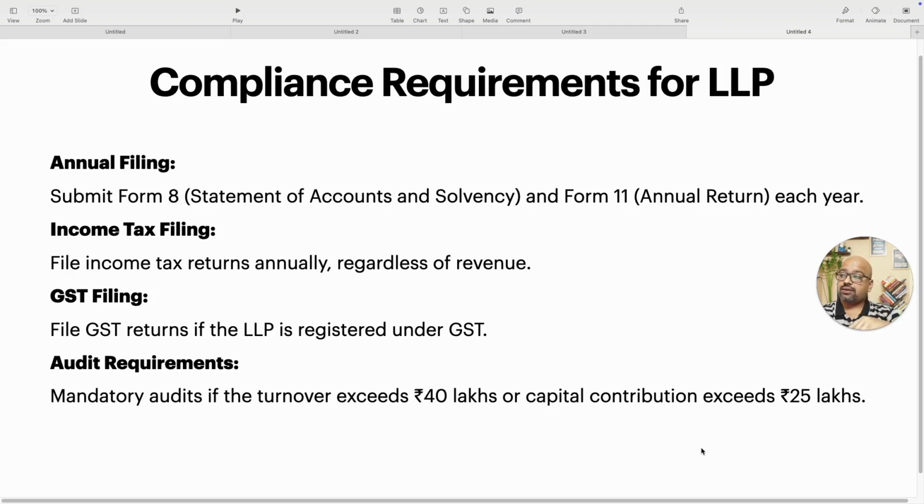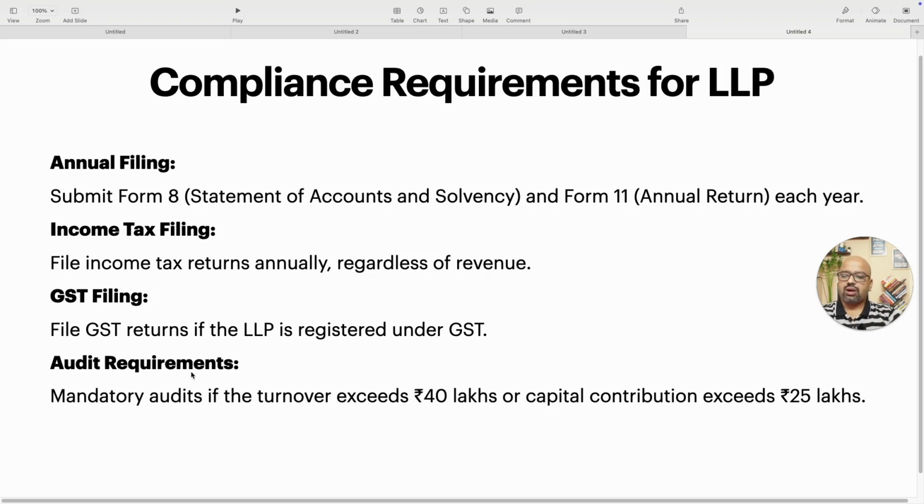Second, income tax filing, which you have to do irrespective of what your income is. In proprietorship, it was optional. In partnership, it was optional. But in a limited liability partnership, even if your income is nil, you still need to file your income tax. Then GST filing will be monthly or quarterly, based on the plan you have picked.